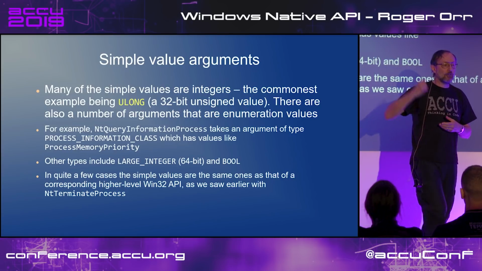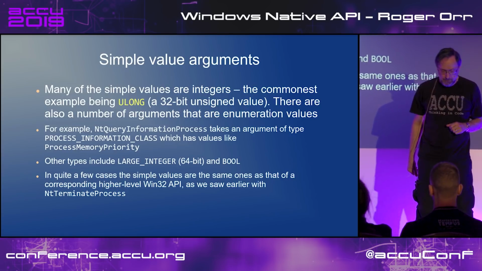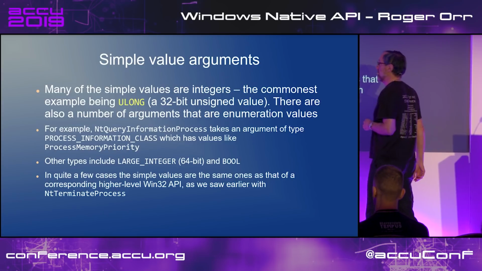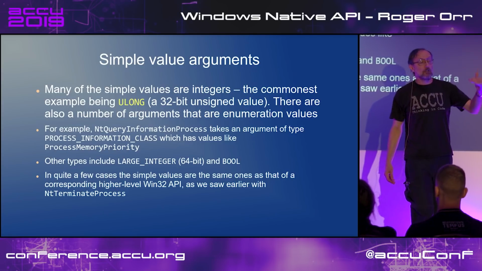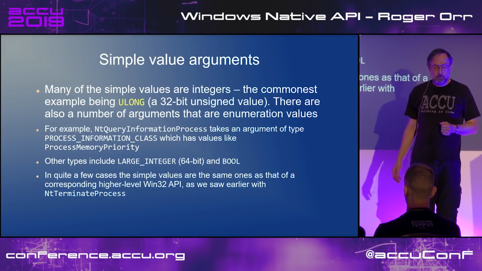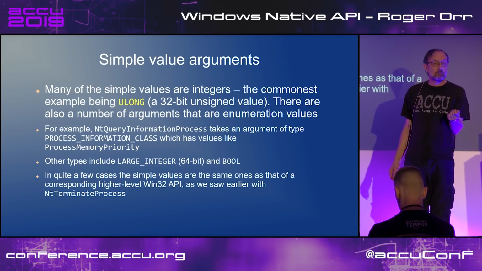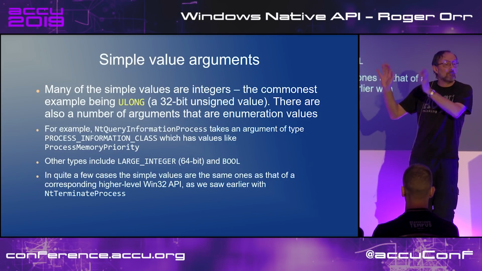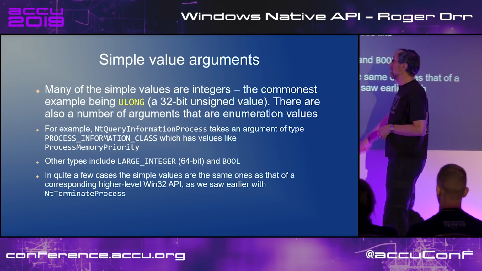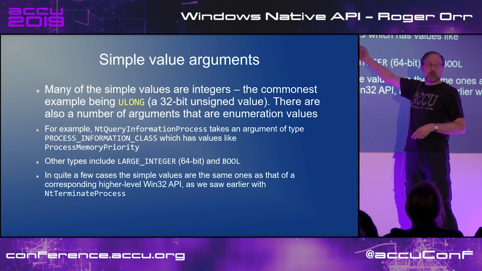And they all take a different enumeration value. So process information class, for example, contains a list of different values that you can query. And what you pass in is a data structure: void star something, a length, and the type of information you want, which is a member of that enumeration.